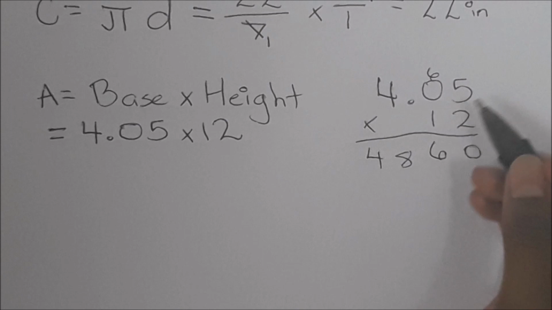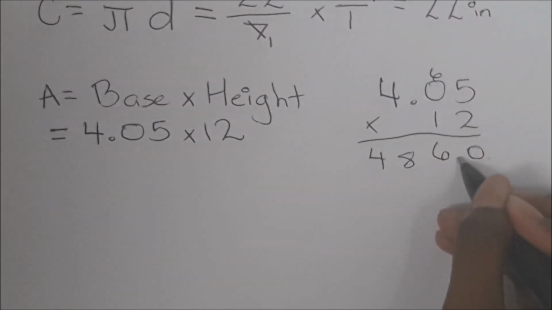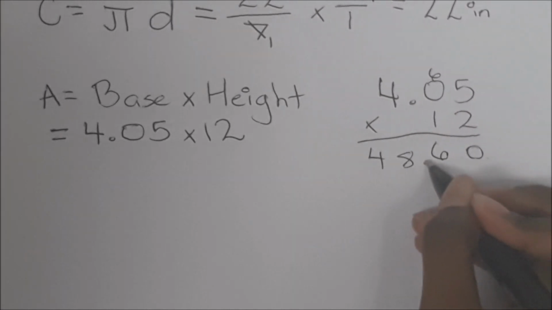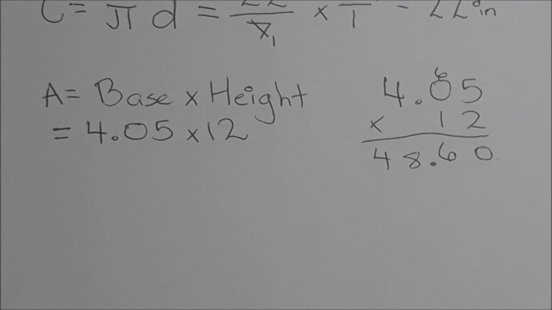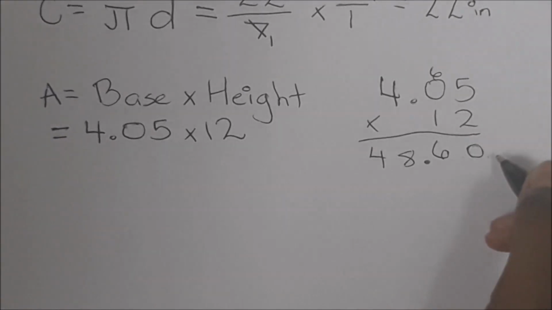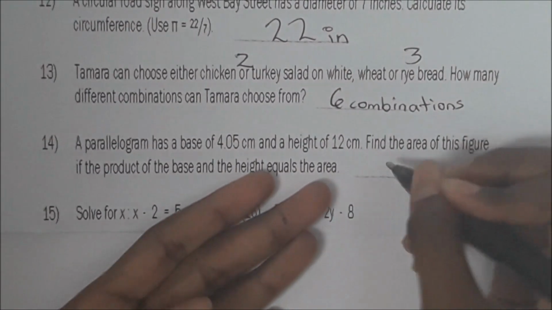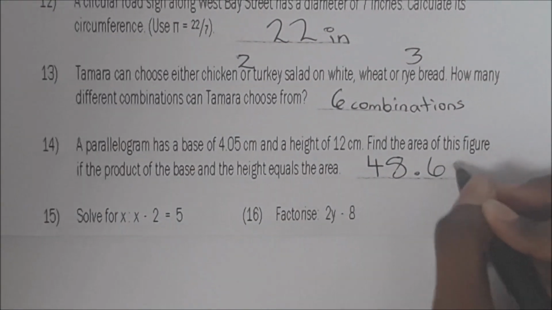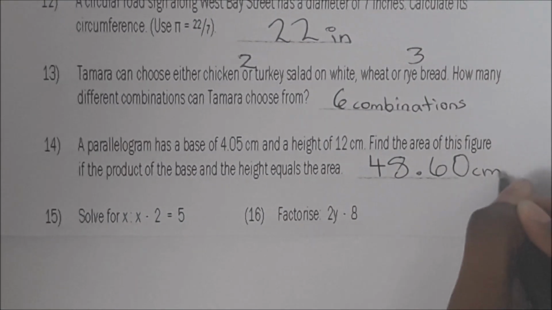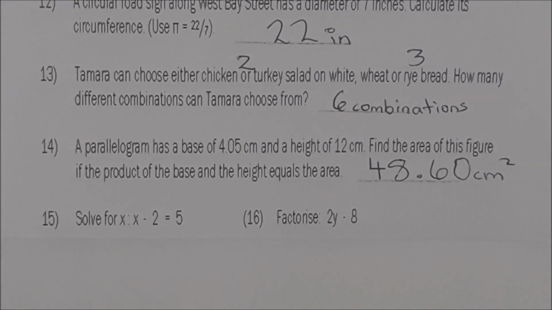Fix the point, 2 decimal places. So put the point in. 48.60, and it's area, what would the answer be in? Square centimeters. Okay, write it across. You have to remember to put it in square units because we're finding the area.